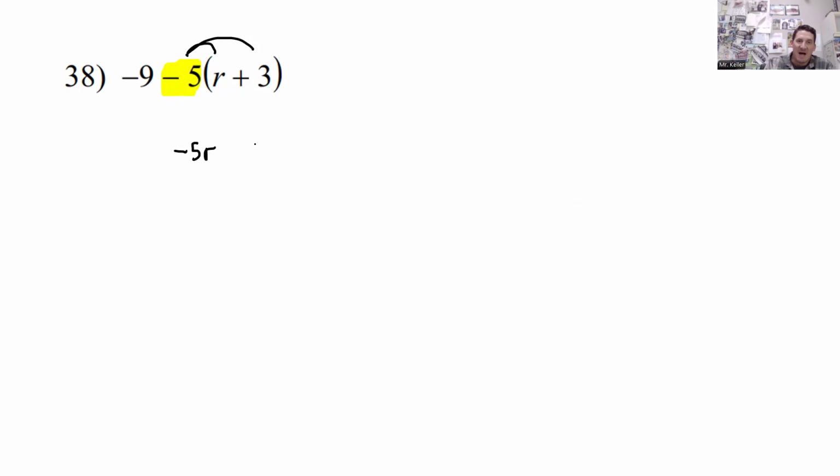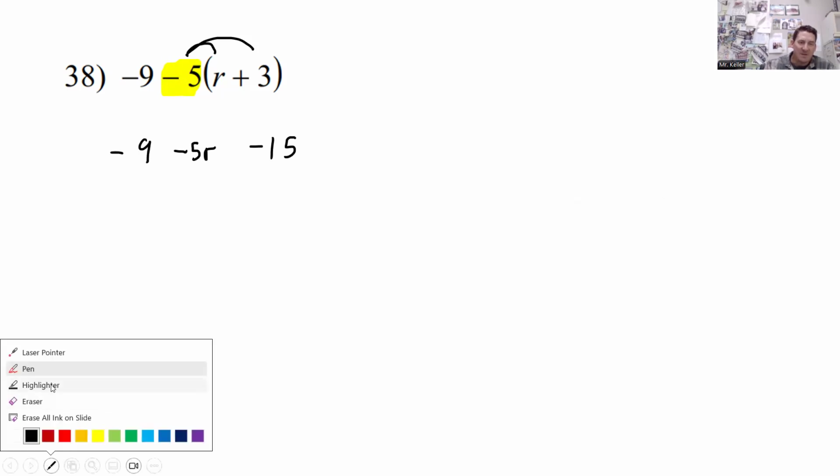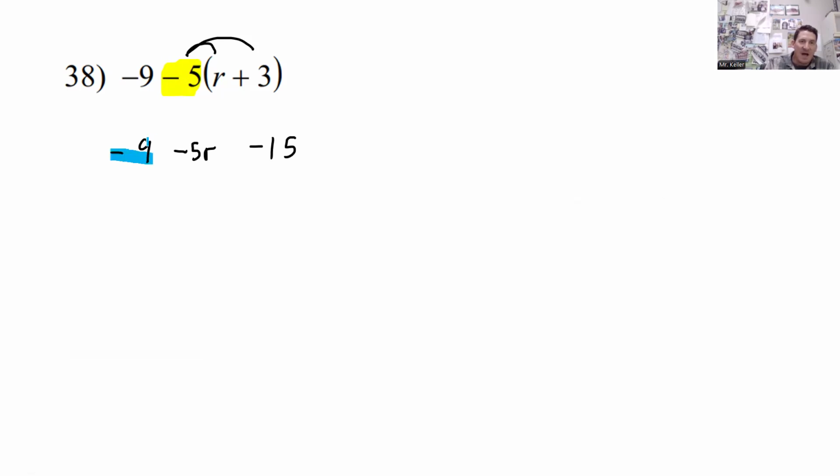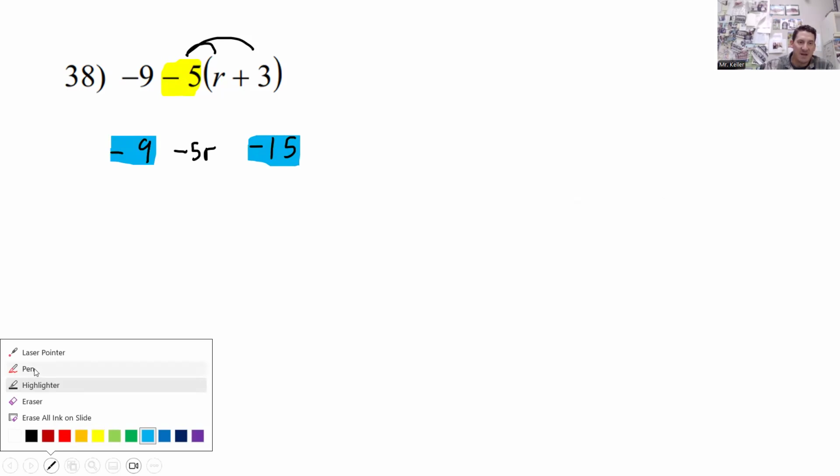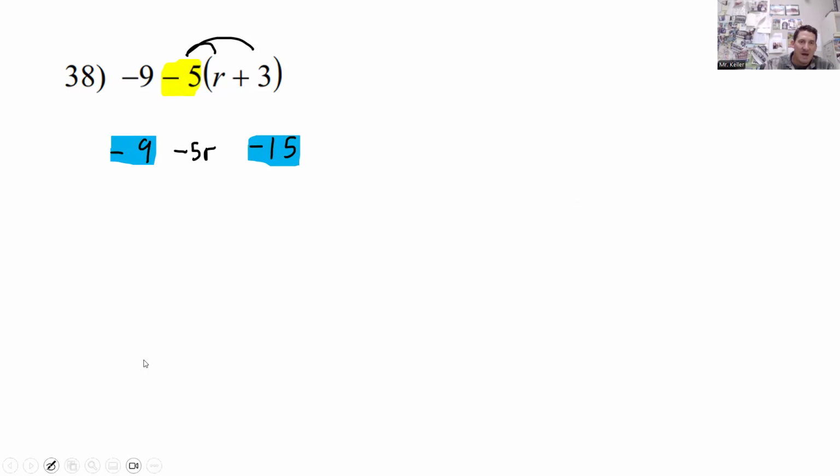Negative 5 times positive 3 is negative 15, so it's minus 15. Bring down the minus 9. Now, when I combine like terms, maybe this looks better highlighted than circling. I have a negative 9 combined with a negative 15. When I combine those together, negative 9 minus 15 is negative 24. And then I can bring down the minus 5r.